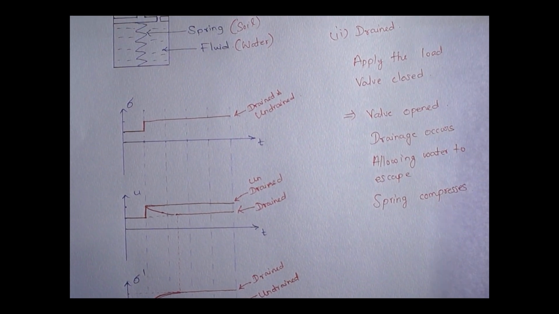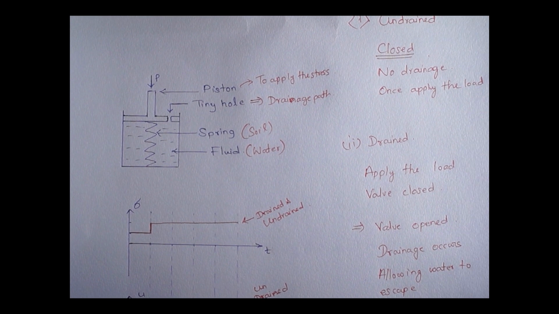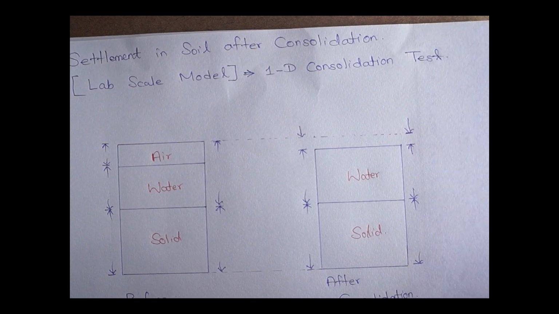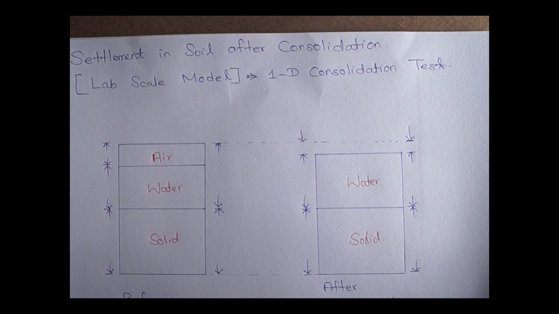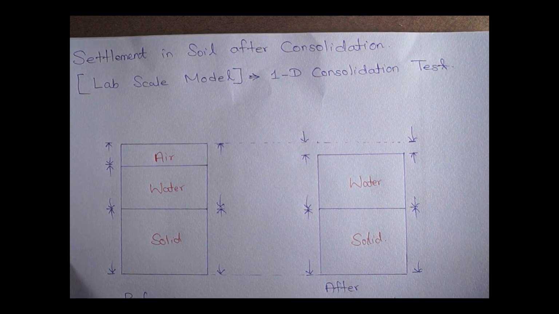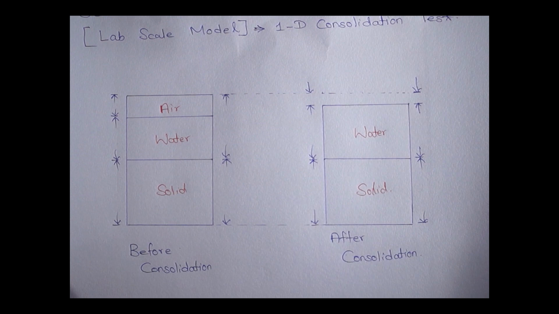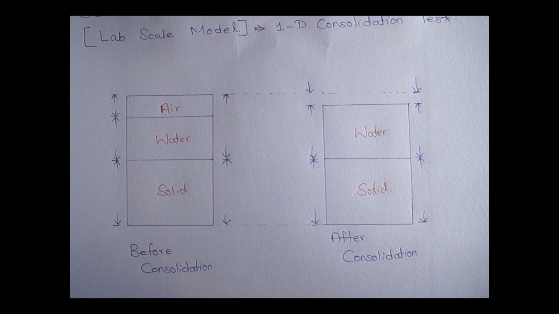So the next thing I want to introduce is the settlement that occurred before and after the consolidation process. This is a simple three-phase diagram of a soil sample in the one-dimensional consolidation test, before consolidation and after consolidation.